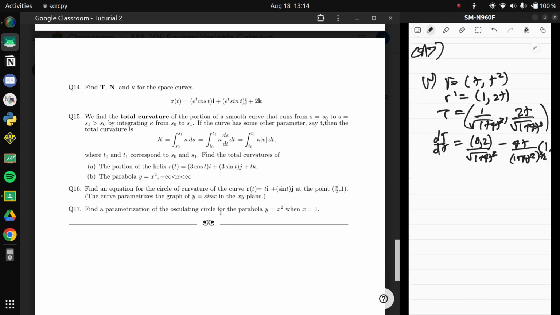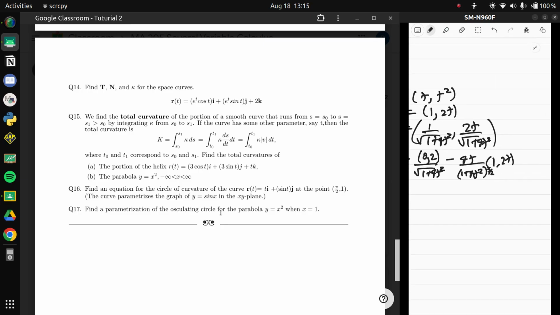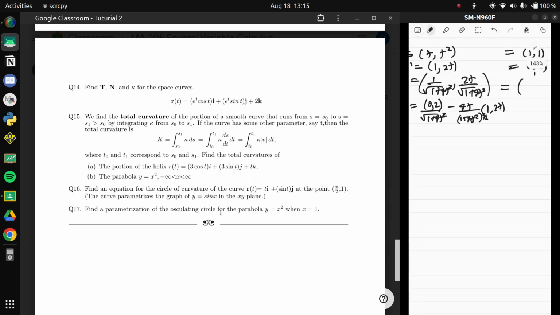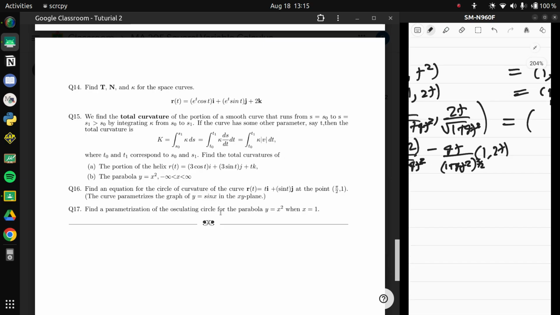Right. So you want at x equal to 1, so at t equal to 1 basically. Just like 1 comma 1. This thing is 1 comma 2. This thing is, I want this 4t squared, so t equal to 1, just 5, so like square root of 5 basically.